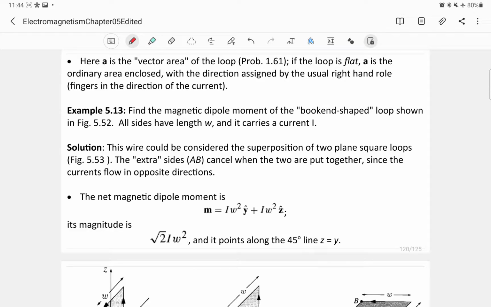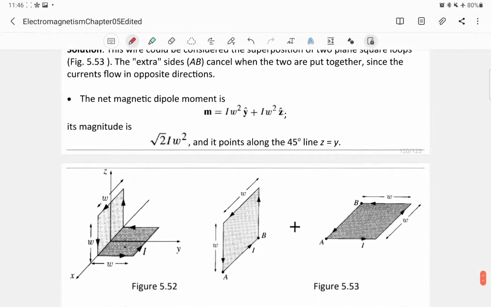If you could look back in problem 1.61, if you have the book, if the loop is flat, A is the ordinary area enclosed with the direction assigned by the usual right hand rule, fingers in the direction of the current. So example 5.13, find the magnetic dipole moment of a bookend-shaped loop shown in figure 5.52 here.